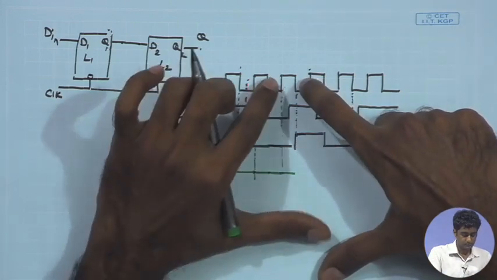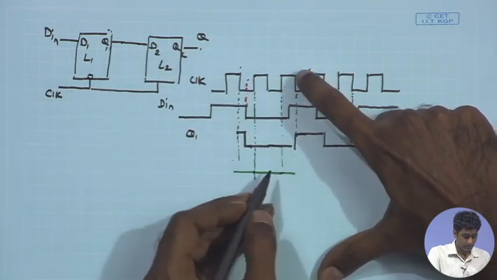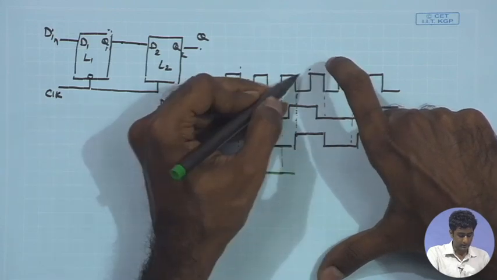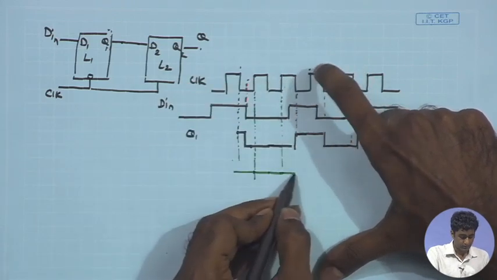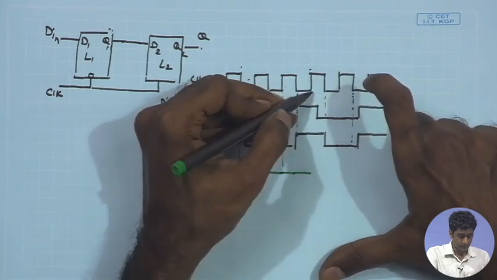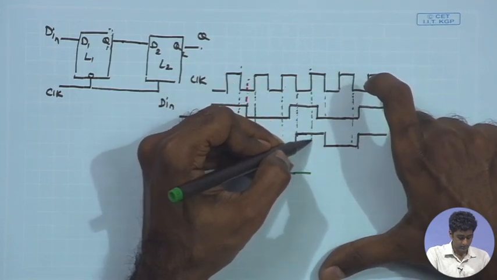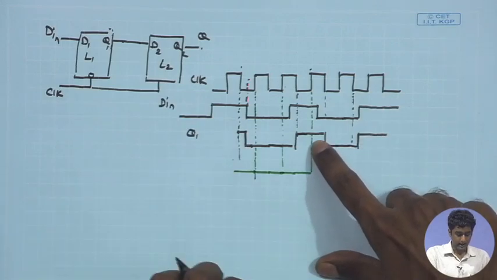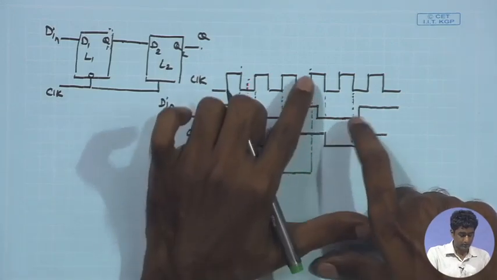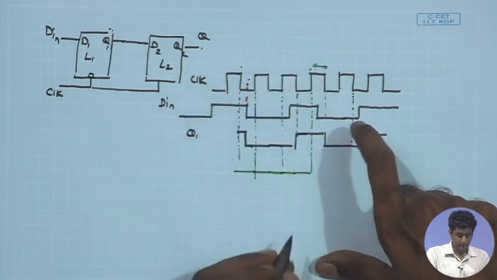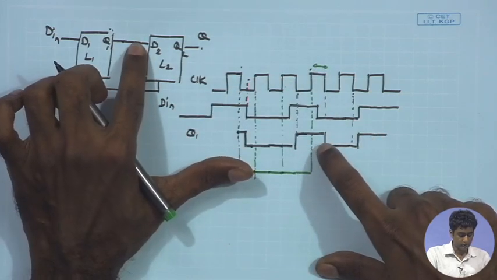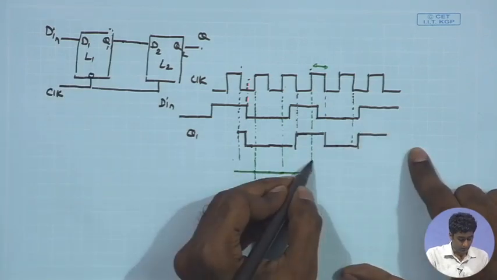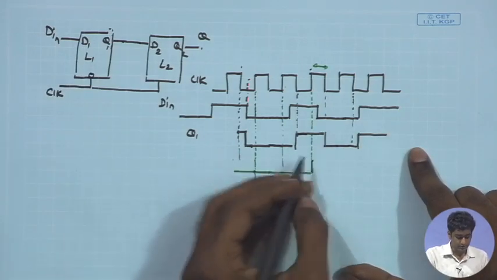Now, once again after this low phase, when the next positive phase of the clock comes, the L2 is seeing a high level at Q1. Therefore, during this positive phase of the clock, the input to the D2 is high, as a result of which the Q2 will make a 0 to 1 transition at this point.